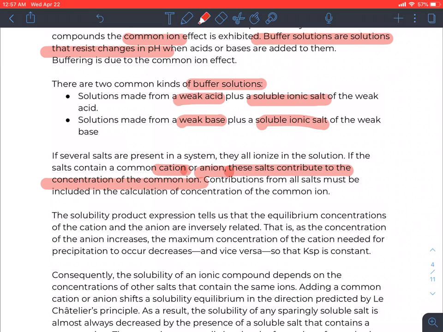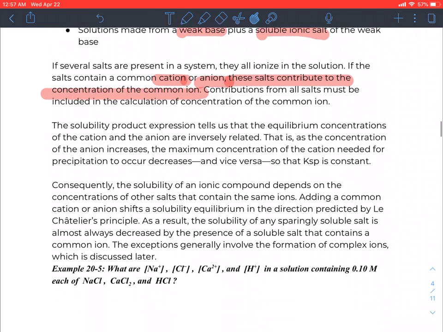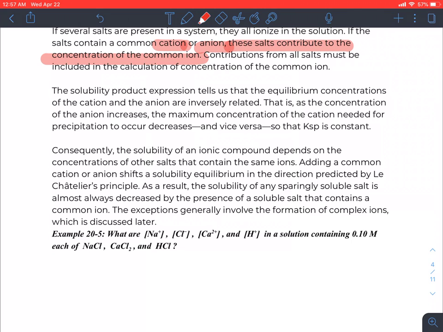So basically all we're saying is you're going to factor in and add in those concentrations. The solubility product expression tells us that the equilibrium concentrations of the cation and the anion are inversely related. That is, as the concentration of the anion increases, the maximum concentration of the cation needed for precipitation to occur decreases.